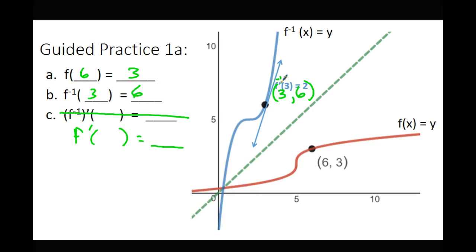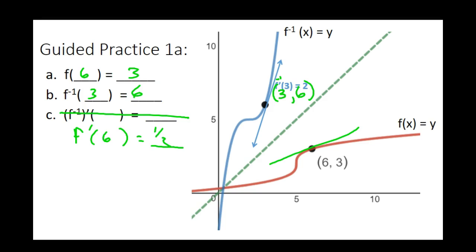I want you guys to fill in this blank. Then f prime of what equals what? So go ahead and see if you can figure that out. So if the instantaneous rate of change at 3 is 2 on the inverse function, then the instantaneous rate of change at not 3, 6, is the reciprocal of that, just 1/2.